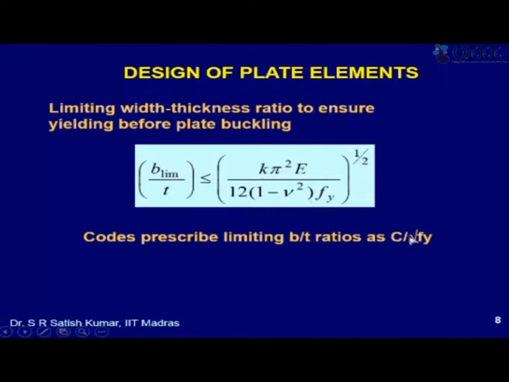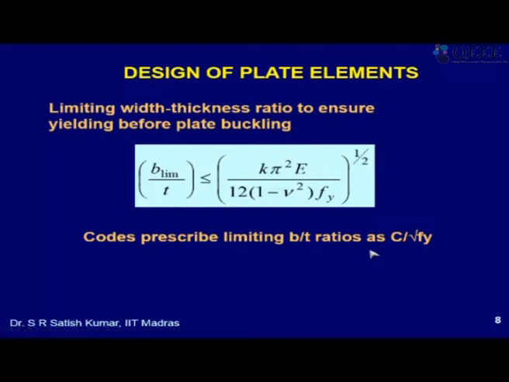So I can write this as C by root Fy. So many codes prescribe the b by t limiting values as C by root Fy. What our code is doing is, it's substituting Fy also as 250. So this entire thing becomes a number, C divided by root of 250, whatever that number is. So it gives you directly that number and says you use this number for steel plates.